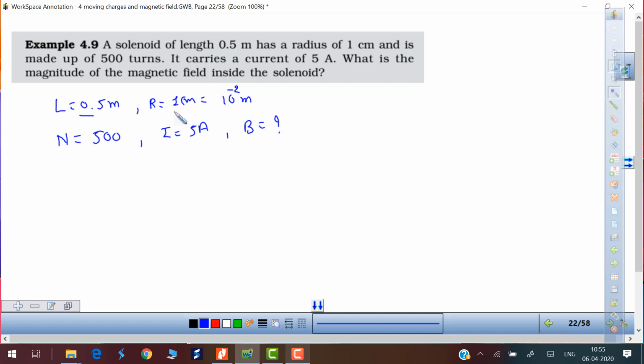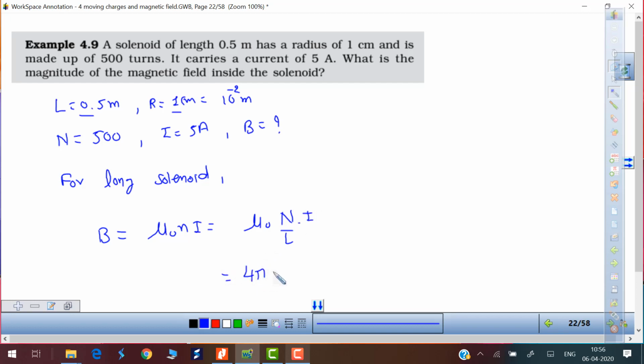So here this length is this much and radius is 1 centimeter. So this is 50 centimeter, this is 1 centimeter. You can consider this solenoid as a long solenoid, and for a long solenoid we have the formula B is equal to mu 0 small n i, and this small n is nothing but total number of turns upon length, into current.